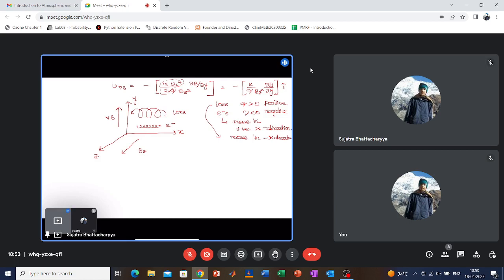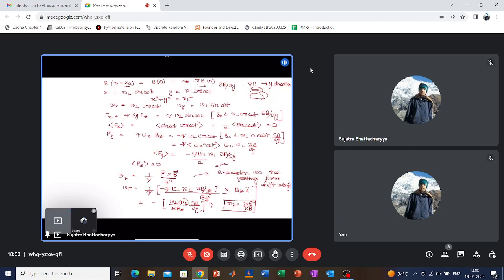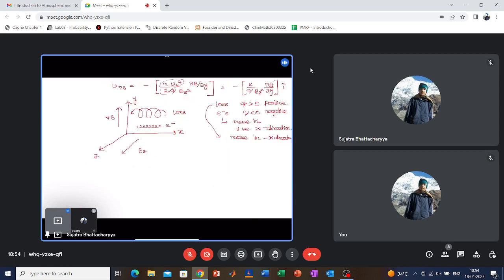So one thing to notice is that this j cross k, to understand the sign convention, see j cross k is i, therefore this j cross k should be positive i cap, and there is a negative sign already present. So this negative sign is actually creating this negative and positive opposite kind of a theory. Okay, so this is the gradient drift.